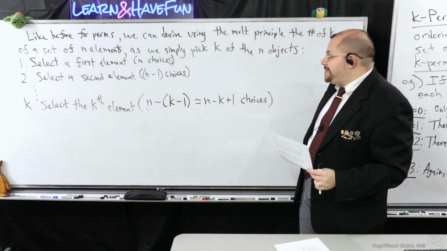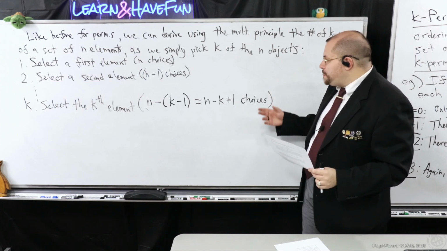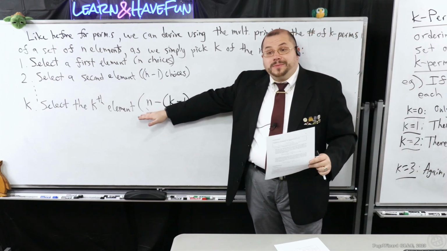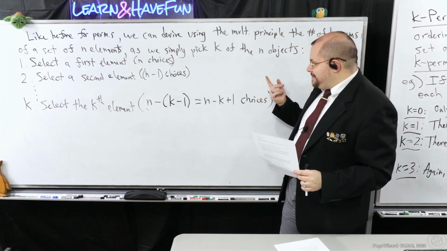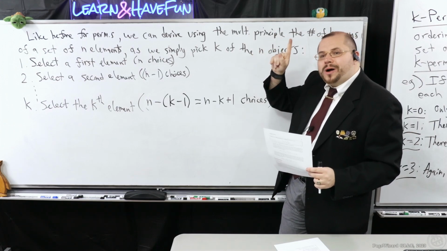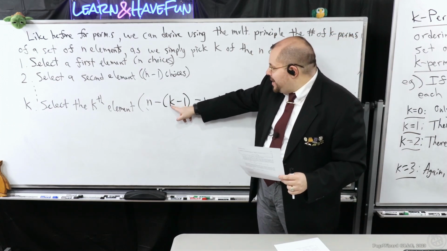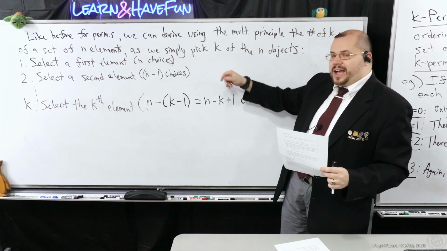Just as a quick example of what I mean by this, remember, we're also starting from the back end, right? So imagine if I only picked one element, then k would be 1, so it's 1 minus 1, which is 0. Then I would have n choices, just like I have here.